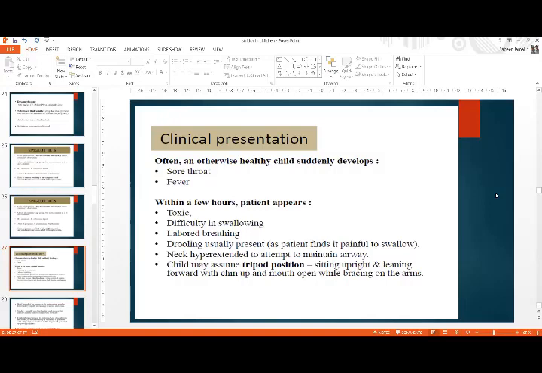The neck is hyperextended to attempt to maintain the airway, and the child may assume a tripod position, sitting upright, leaning forward with chin up and mouth open. This is the typical position of the child, called the tripod position. The child is sitting upright in the bed, leaning forward and supporting himself with the arms resting on the bed, with drooling of saliva from the mouth.